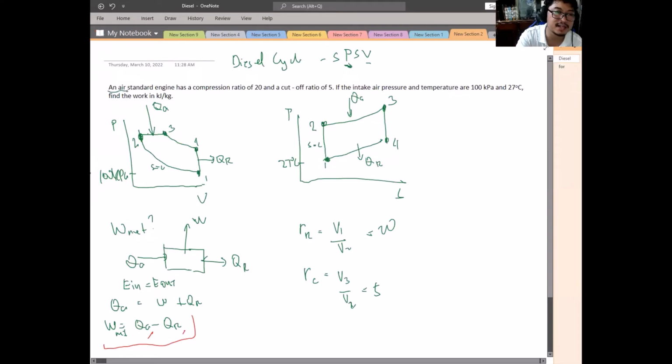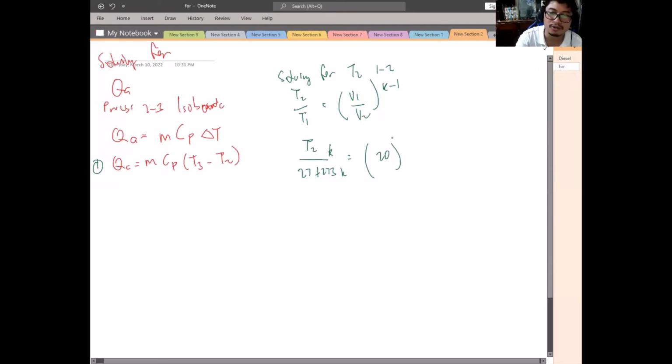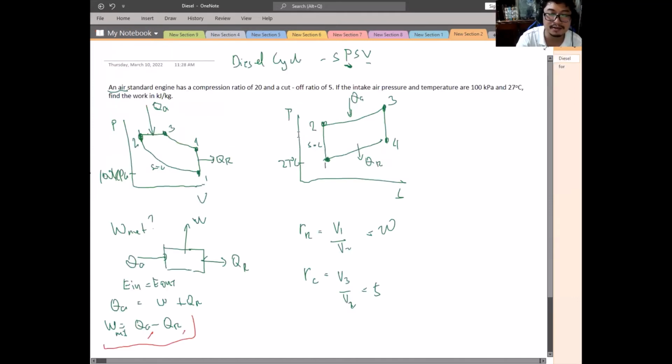Our substance is air, so k is 1.4, giving 1.4 minus 1. So T2 is 994.34 Kelvin. Now we have T2. Next is T3. Where do we find T3? T3 is found from 0.2 to 0.3.